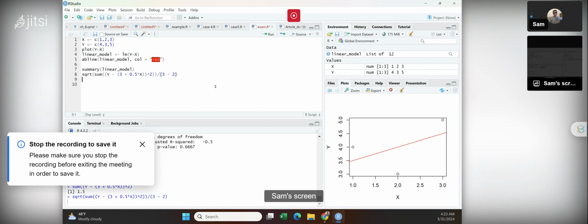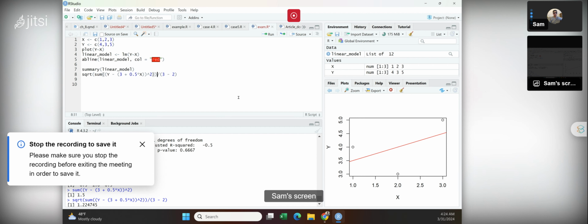Let me see. Here we got a bit of difference. Yes, I know why, it's due to the approximation going on here, right? And I guess it should actually be like this. I made a small mistake here.